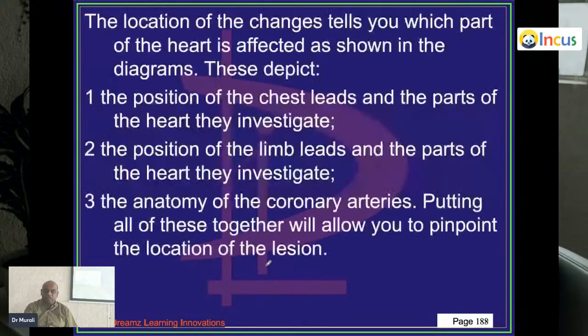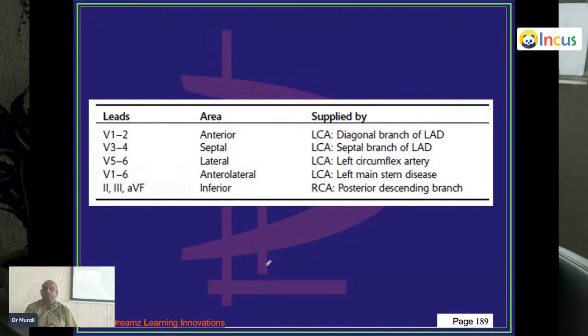V1, you know very well, V1, V2 is anterior and supplied by LCA and the diagonal branch of LAD, left anterior descending. Left anterior descending is also called widow's artery, because a lot of people became widows because of sudden occlusion of the left anterior descending artery.